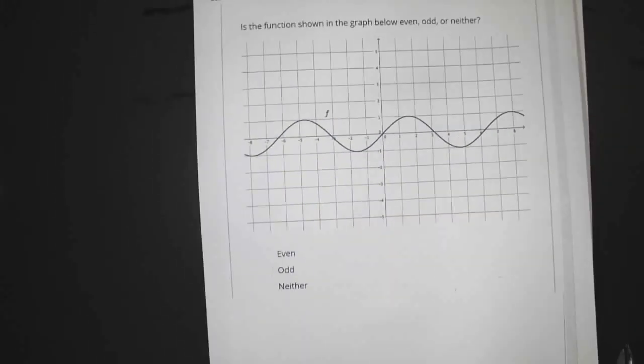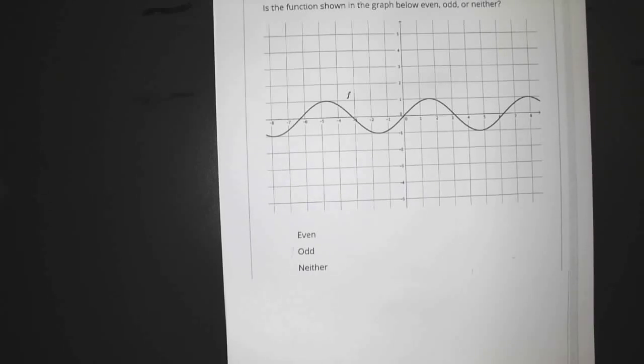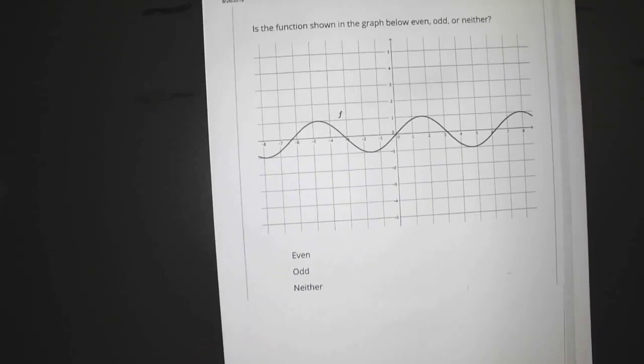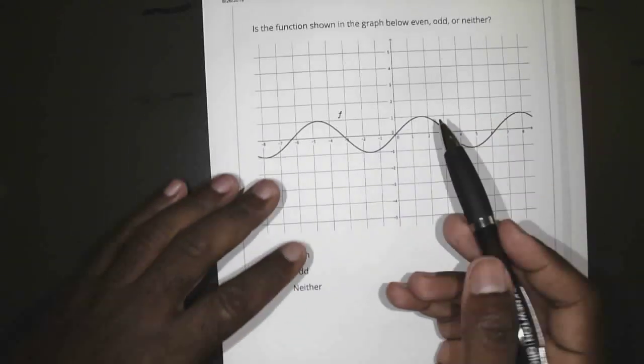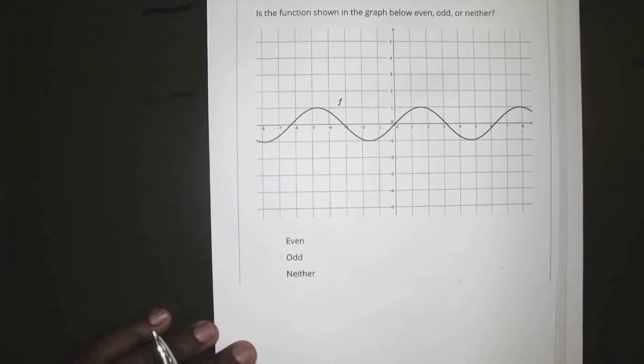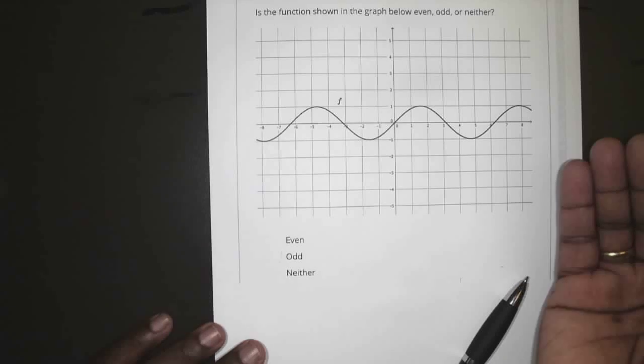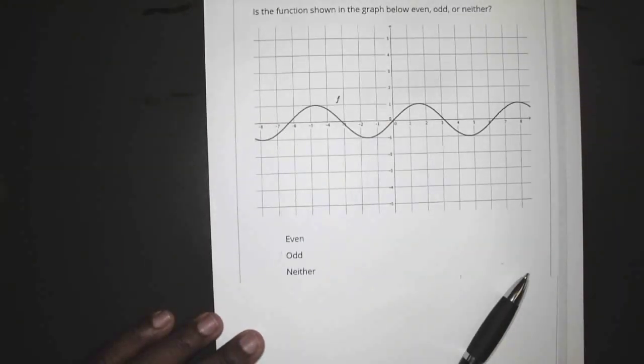Okay, so if you have, let's say, a graph like that, and they want to know whether it's odd or even, then you know it's even if it looks like a mirror image across the y-axis. Now you know it's odd if it looks like you flip it across the y-axis and then again over the x-axis.